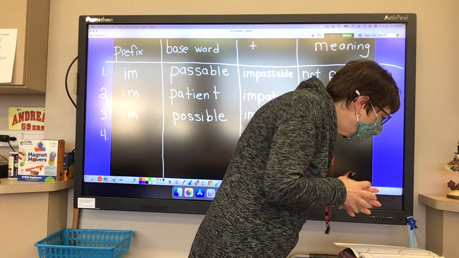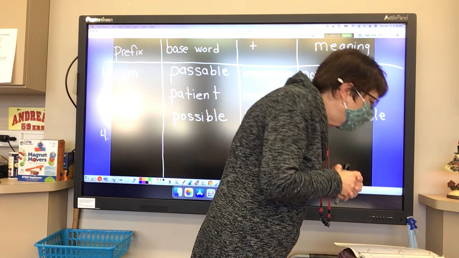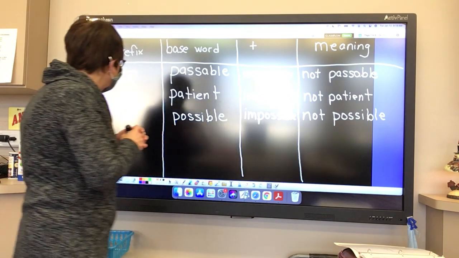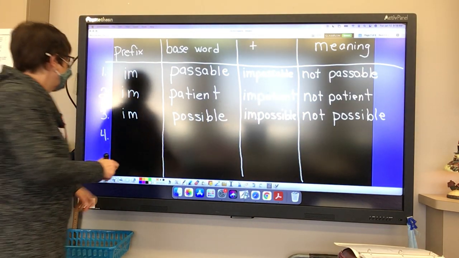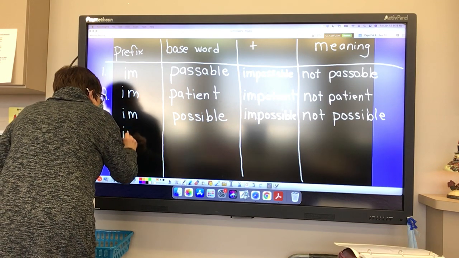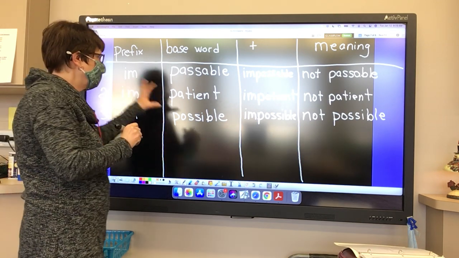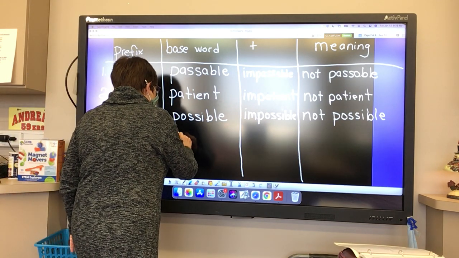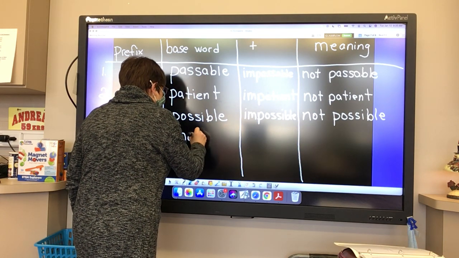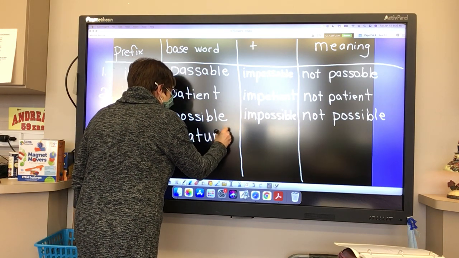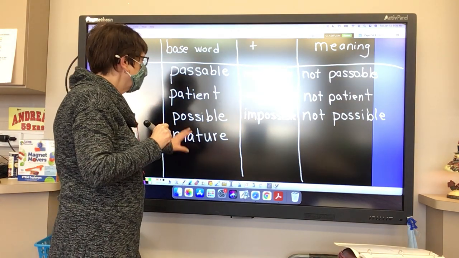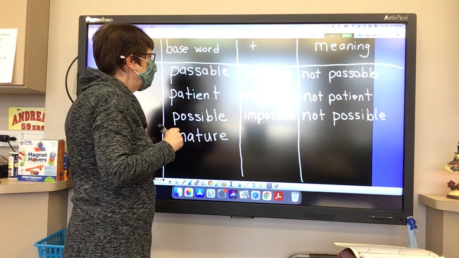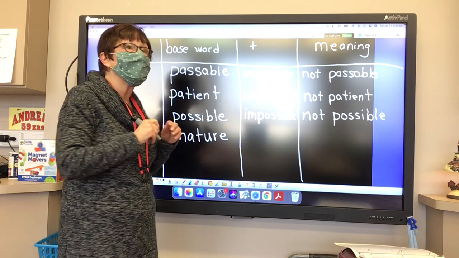Now, let's go on to our next word. Now, boys and girls, we're going to write our prefixes in. Our base word is the word mature. Now, what would be our new word if we take im plus mature?